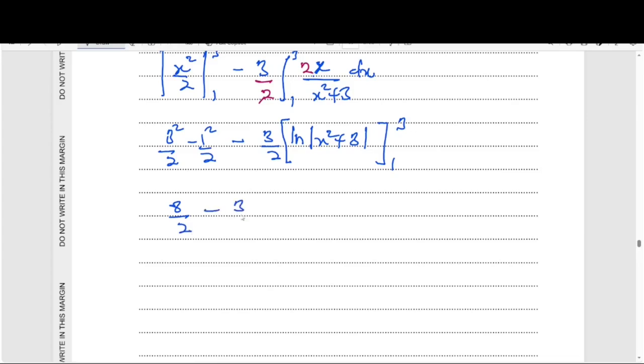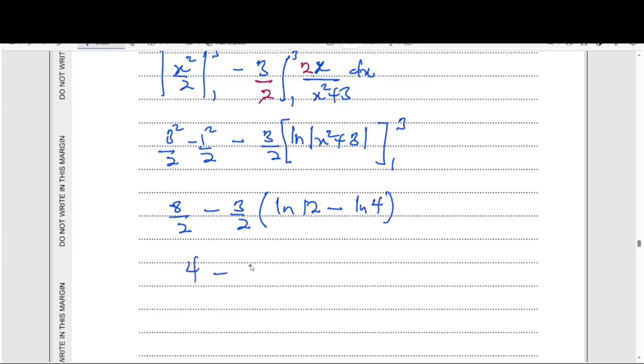Then minus 3 over 2 bracket, you have ln of 3 squared plus 3, right? That's going to be 9 plus 3, and so that gives us 12. Then minus 1 squared plus 3, that's going to be ln of 4. So we have 4 here. Sorry, let me simplify and write 4.